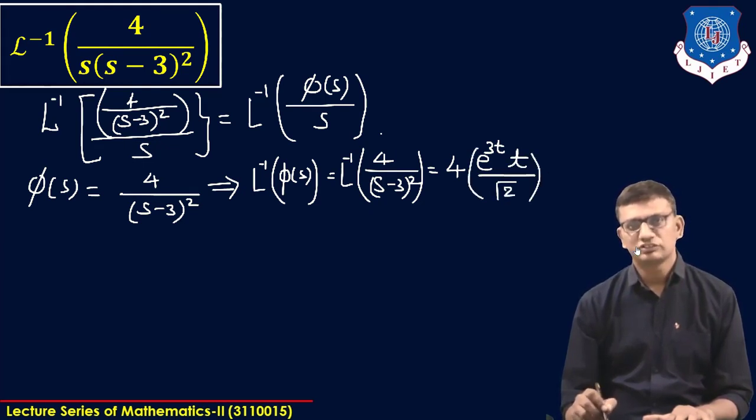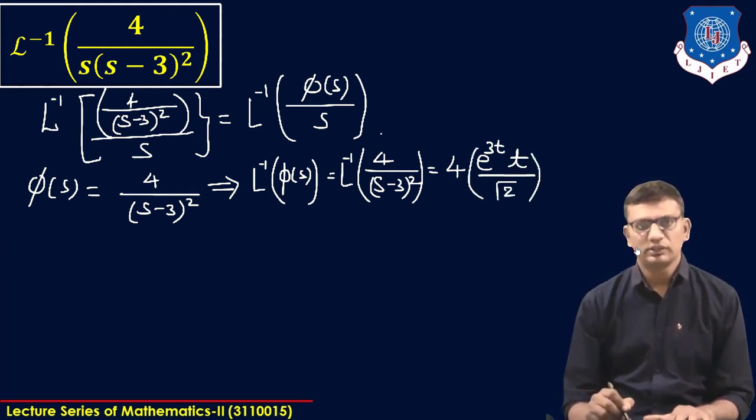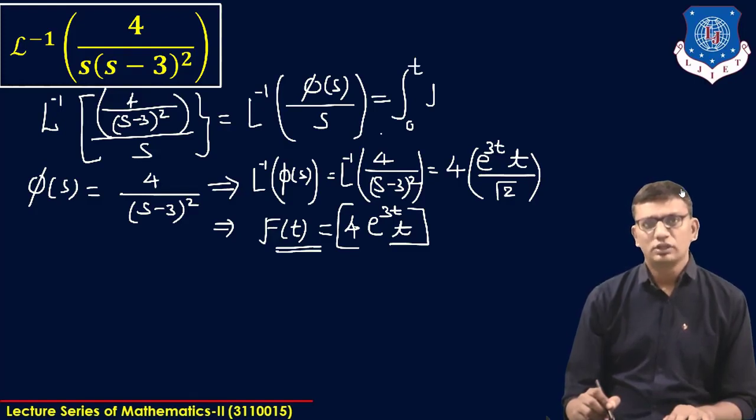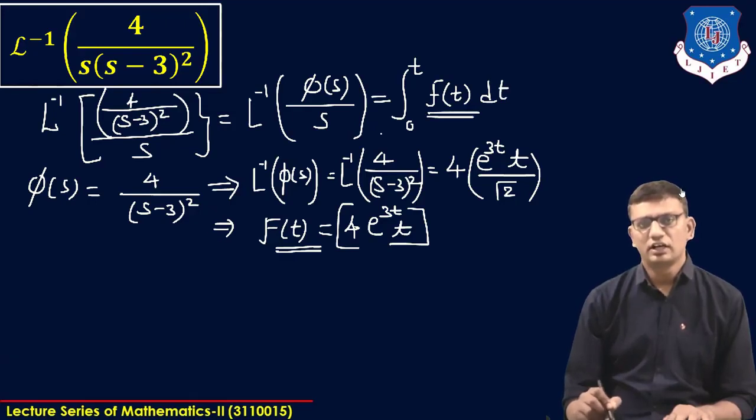Because this is the first shifting property in the inverse Laplace transform, f(t) equals 4 e raised to 3t into t, because gamma 2 is 1. Here we apply the formula: L inverse of phi of s upon s is equal to the integration from 0 to t of f(t) dt. Now we put f(t) here, which is 4 e raised to 3t into t.